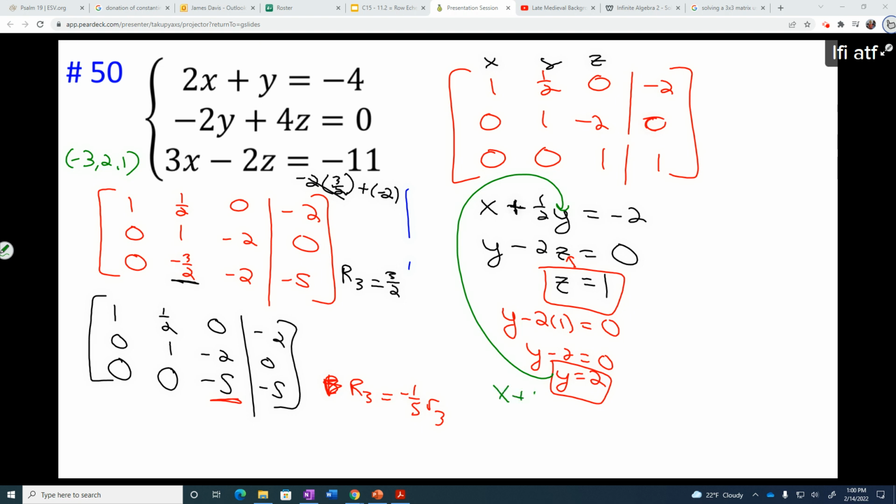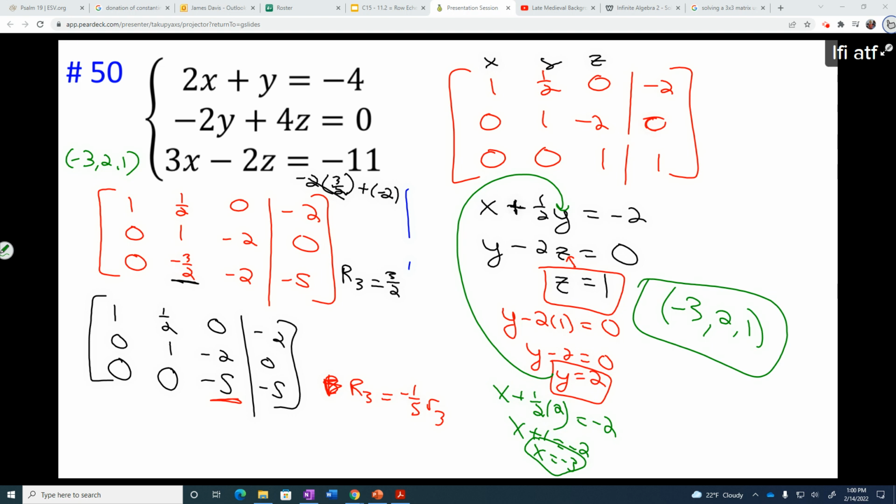So x plus 1/2 times 2. And we get x plus 1 equals negative 2. Subtract the 1 over. So then we have negative 3. It takes a lot of work to get to the right final answer. You've got to do a lot of things right.